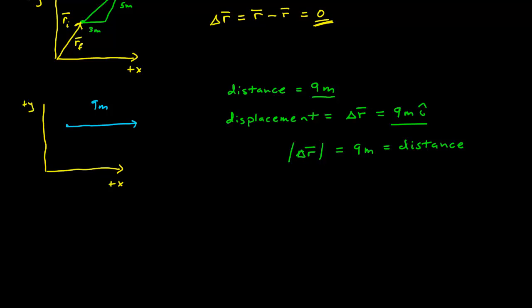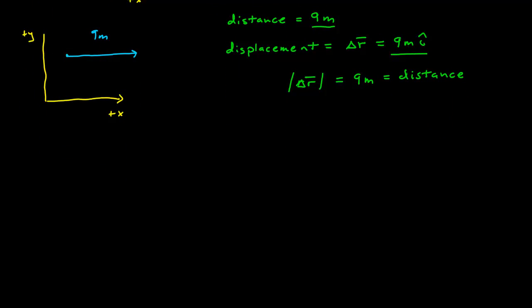So, for example, if we have a particle that moves 3 meters and then 2 meters in a straight line, the distance, which I'll just call d, is 5 meters. The displacement delta r has magnitude 5 meters in a direction we'll call i hat, if we let this be our positive x direction, so it's a vector.